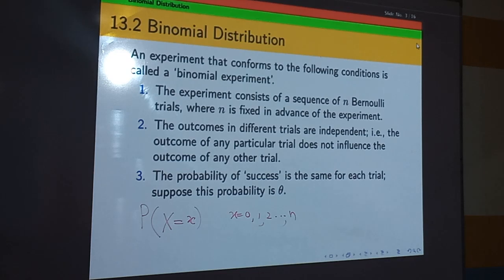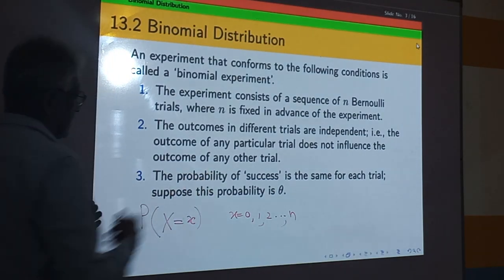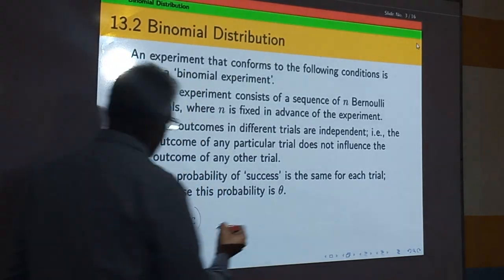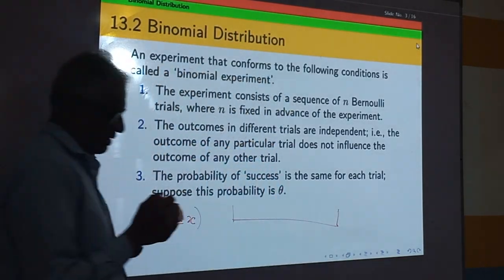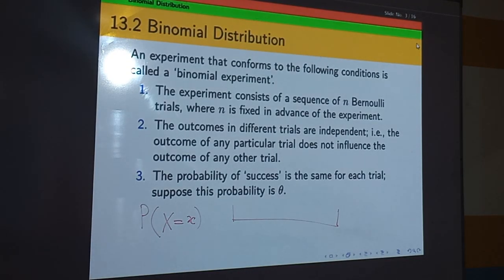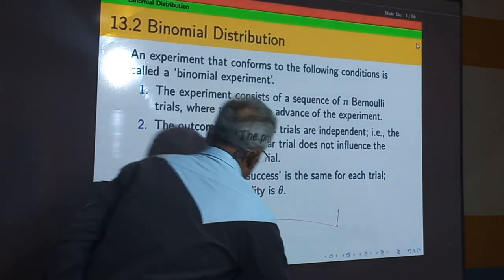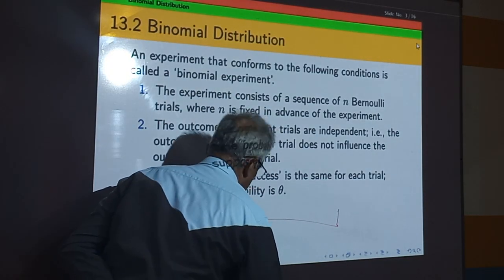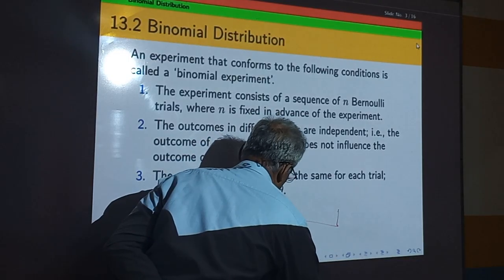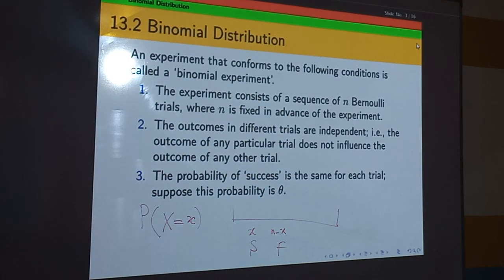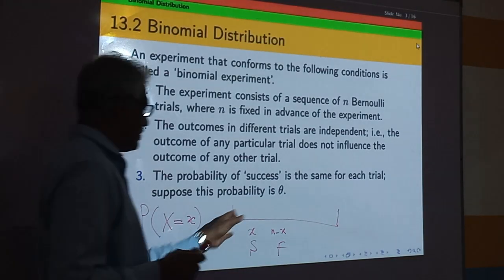So if these conditions are satisfied, then we can derive a formula to calculate the probability. Assuming those three, let us derive a formula for the probability of x being equal to small x. That means we have to look at the ways of happening small x number of successes in n trials. So x of those should be successes, n minus x should be failures. How many ways can that happen? For example, this success can be in any place.